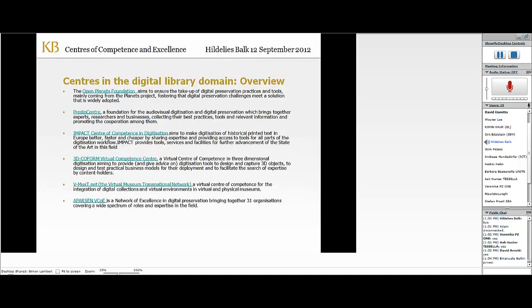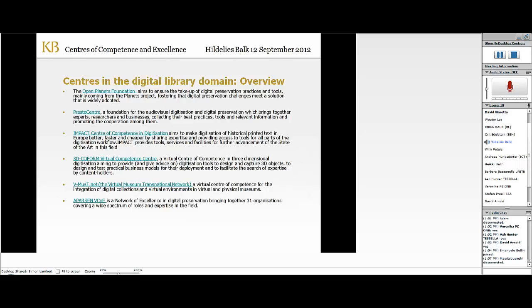Okay, here's an overview of the centers. There's the Open Planets Foundation. Well, we just heard Adam talk about that. There's Presto Center. That came from the Presto Prime project, probably familiar to you. It's a foundation for the audiovisual digitization and digital preservation. Then there's Impact Center of Competence in Digitization for the digitization of historical printed text and providing tools and services for that.